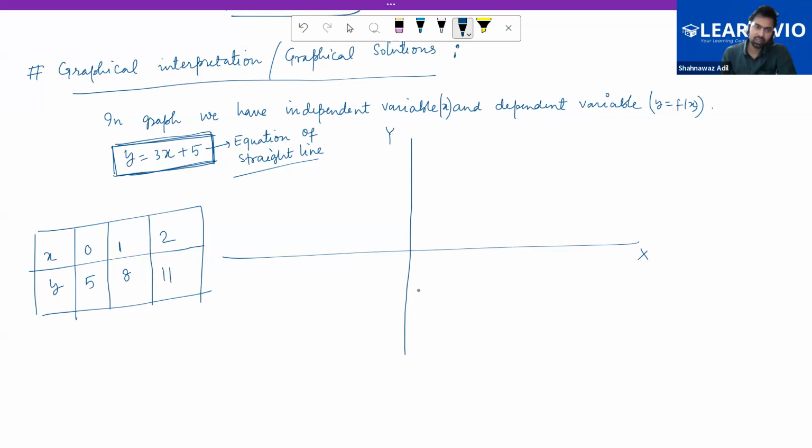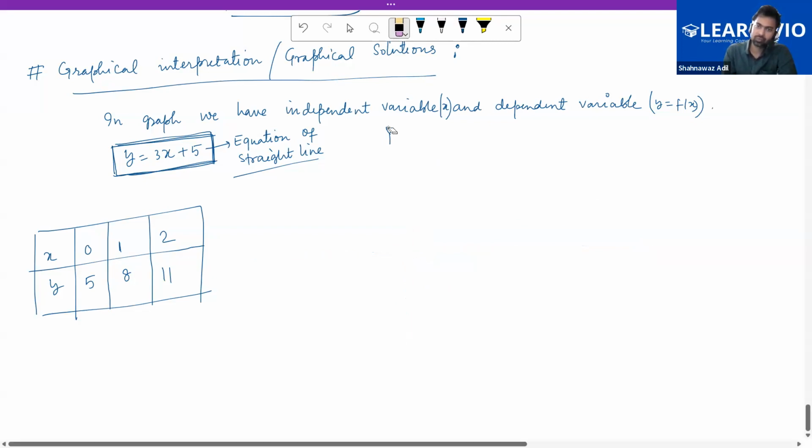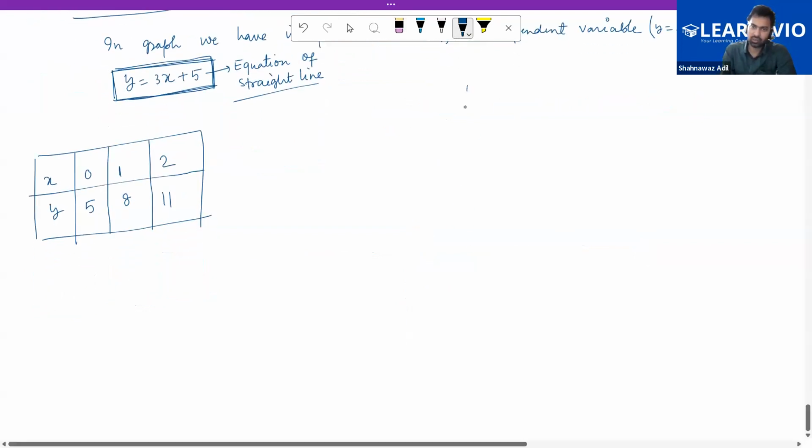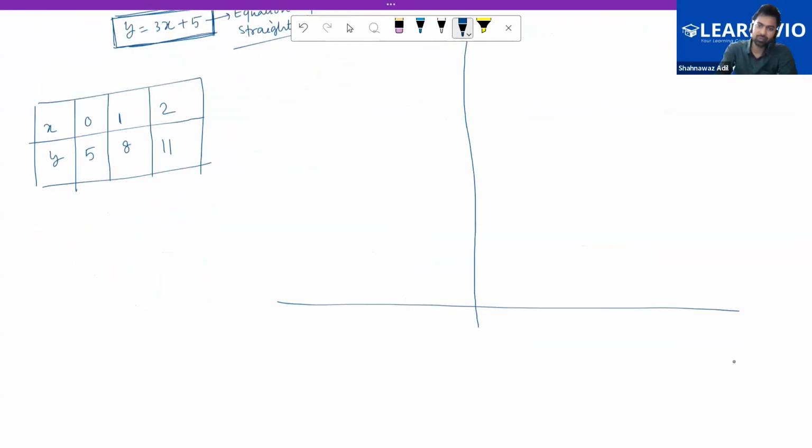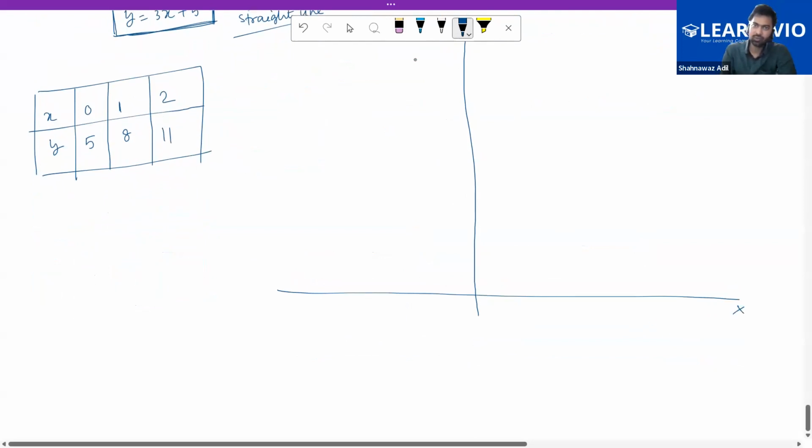Now I cannot draw this thing in here, but let's try. So we have this y, and x is going from, let's say, this is 0, this is 1, and then this is 2.